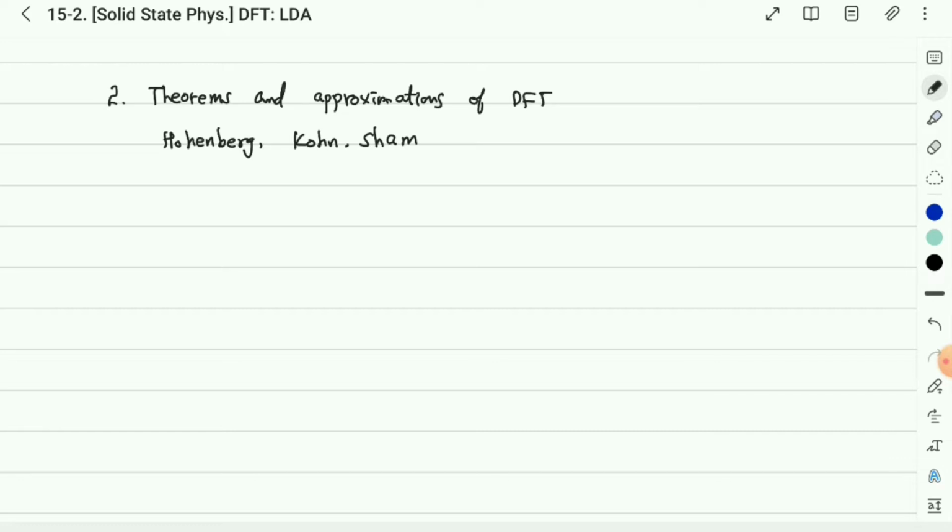And how do we solve the Schrödinger equation? They developed a method to get the effective potential from the functional of electron density. The only parameter of the calculation is the local electron density, because the local electron density determines the effective potential.